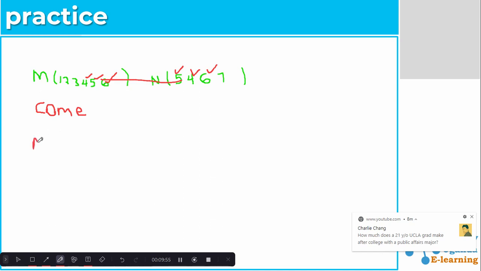We shall say M, then small n, N. So this is going to be our intersection. The intersection of this set is 4, we shall be having a 5, we shall also be having a 6.